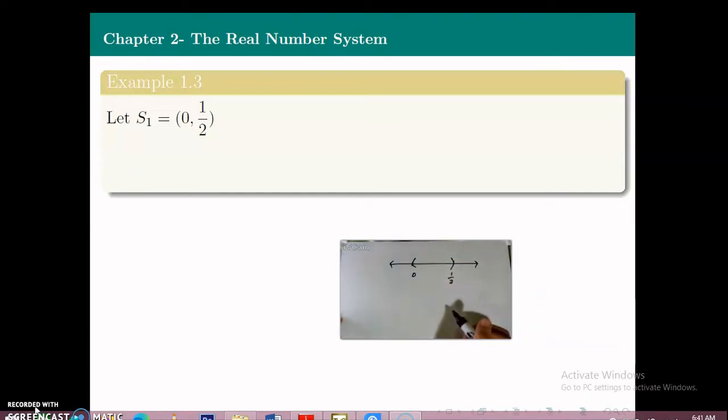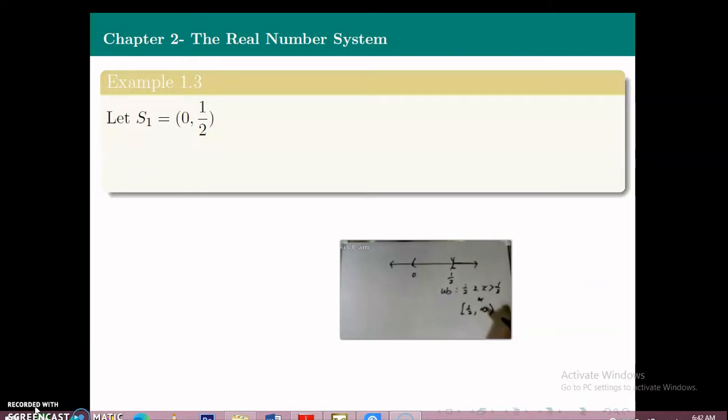The upper bounds for this set are these values to the right of 1/2. So the upper bounds are 1/2 and the values greater than 1/2, or we can write that as from 1/2 to positive infinity.